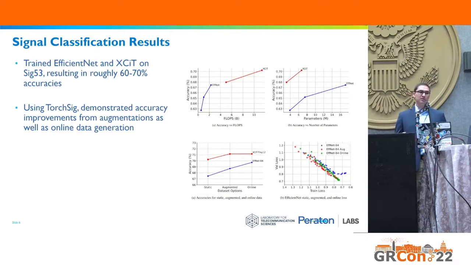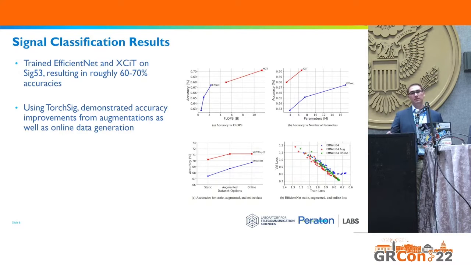Following these experiments with the plain vanilla static SIG53 data set, we wanted to really evaluate how the TorchSig augmentations could further improve our performance. So on the bottom left, we have some results for taking the performance on the static data set, but now applying these data augmentations during training time.